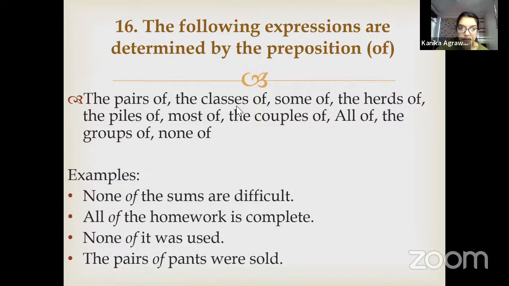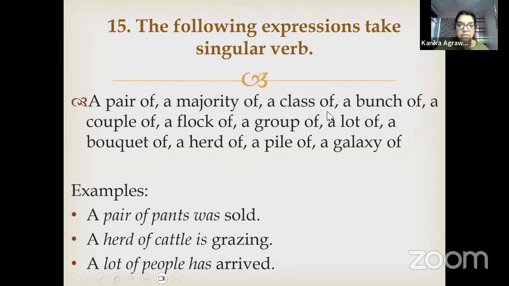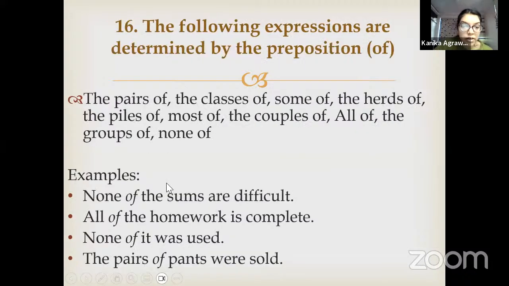Like in this, everything was a pair of, a majority of, a class of, a bunch of, okay? So we use singular. But here, the pairs of, the classes of, the herds of, the piles of, the couples of, the groups of, okay? In this case, you will be using are, were, have, the plural form, okay?